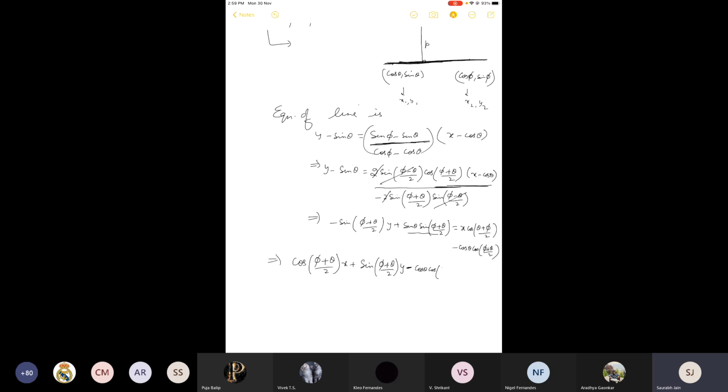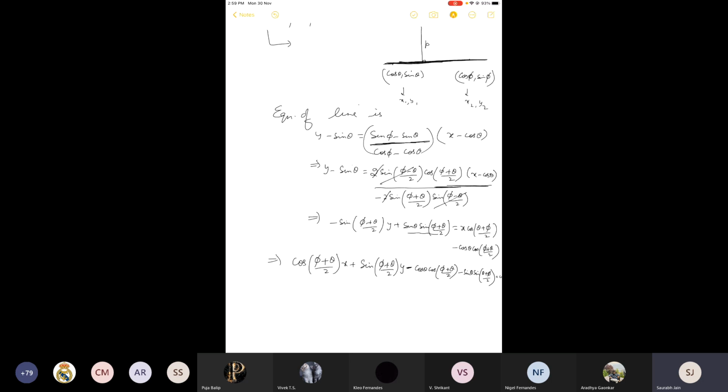So mainly the question is based on writing the equation of line and simplifying it. The length of perpendicular you will get in a single line, minus sin theta plus phi by 2 equals 0. Now whether I write equal to 0 on LHS or RHS, it is same.